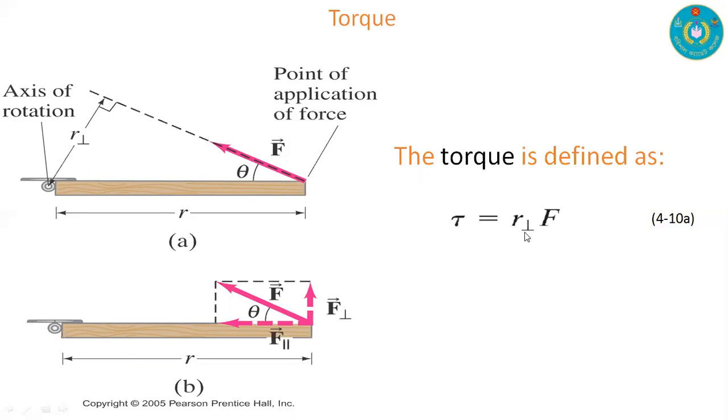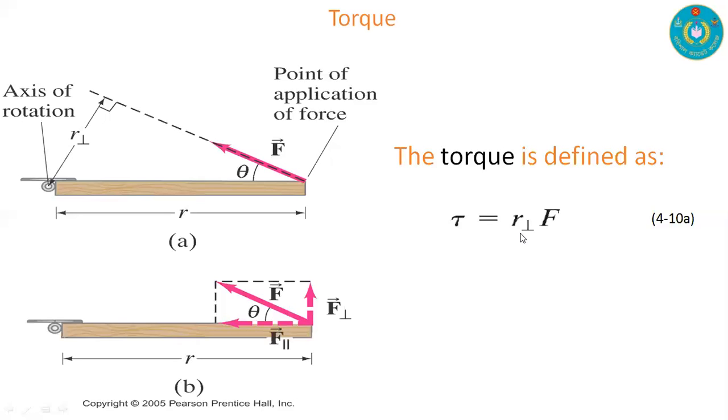That is, torque is proportional to the perpendicular distance, and torque is proportional to the force F. If the radial distance is small, then we have to apply a small force to rotate this, and if the radial distance is larger, then we get much torque.